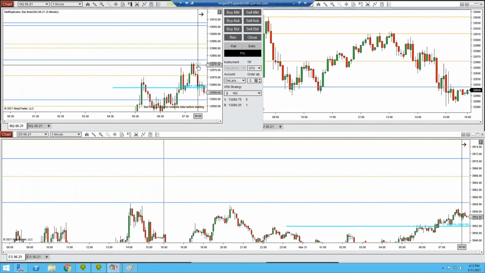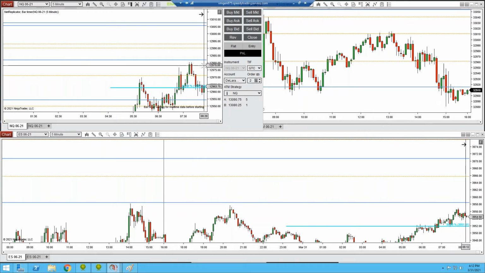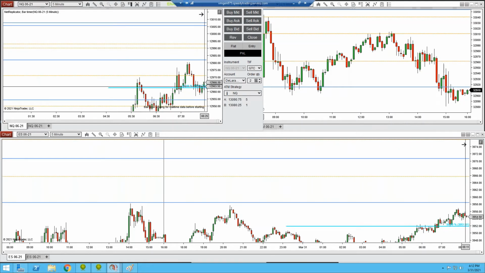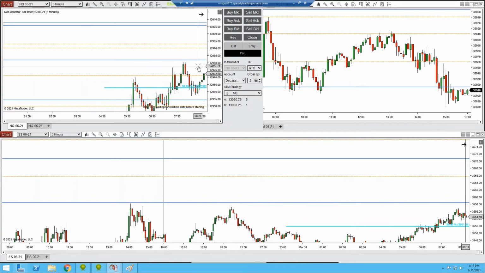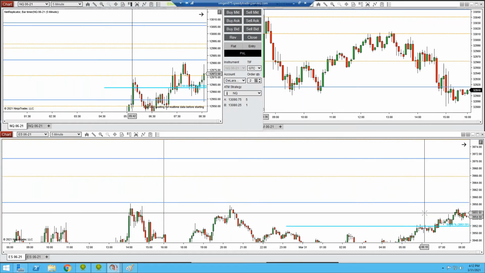But then when we started getting closer to the open, we were hanging around here, and I actually think I went long here right before the open, assuming that we were going to hit the CP. And we didn't get it. I got stopped out right underneath the CP on that opening candle.